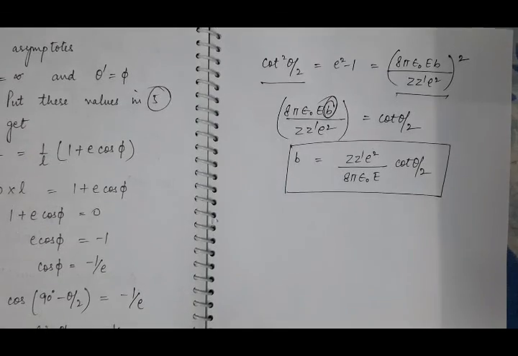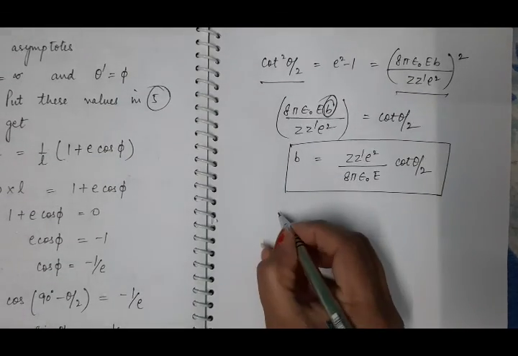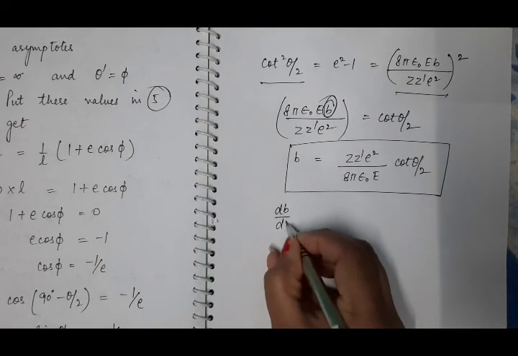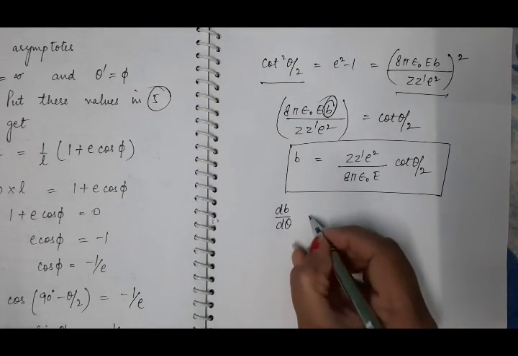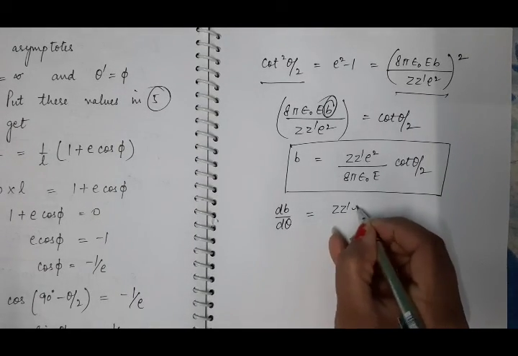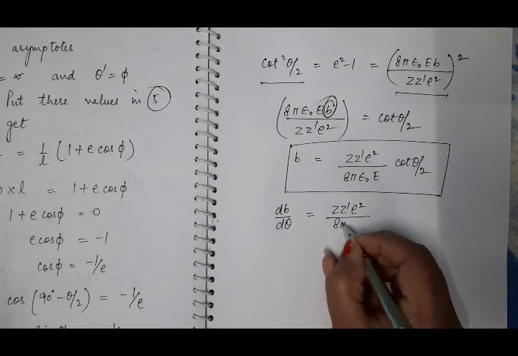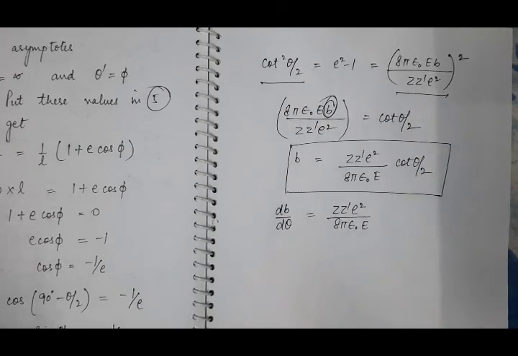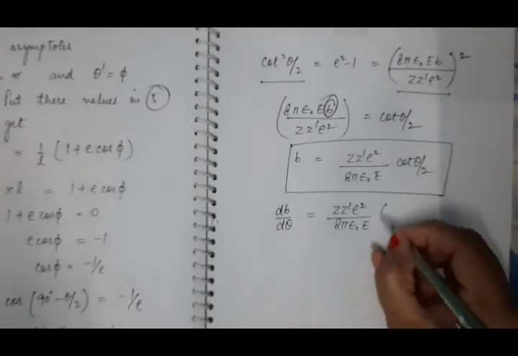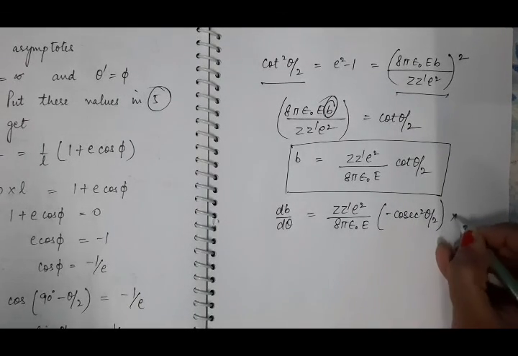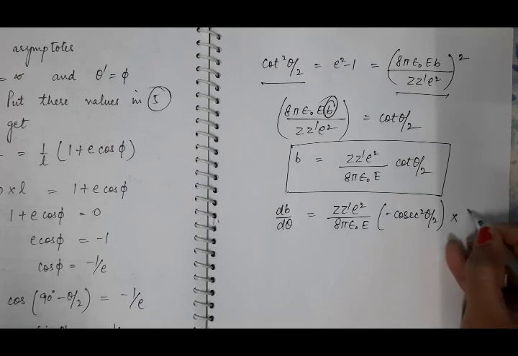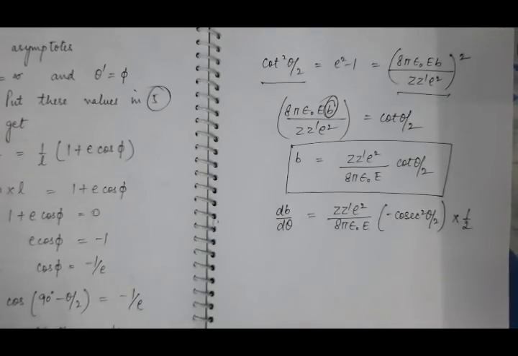Now to find the differential scattering cross section, calculate db by d theta, because the formula for that is minus b by sine theta into db by d theta. So db by d theta will be the differentiation of Z dash e square upon 8 pi epsilon naught E into cot theta by 2. The differentiation of cot theta by 2 is minus cosecant square theta by 2 into the differentiation of theta by 2 with respect to theta, which is 1 by 2.